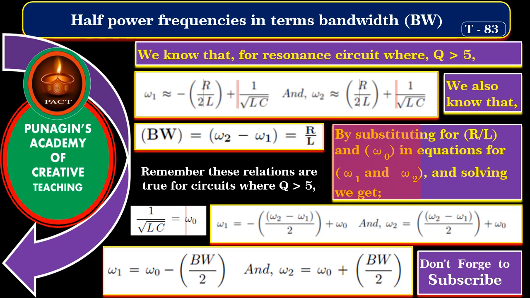By substituting for r by L and omega naught in the equations for omega 1 and omega 2 and solving, we get omega 1 is equal to minus into bracket omega 2 minus omega 1 divided by 2 plus omega naught, and omega 2 is equal to omega 2 minus omega 1 divided by 2 plus omega naught, or omega 1 is equal to omega naught minus bandwidth divided by 2 and omega 2 is equal to omega naught plus bandwidth divided by 2.